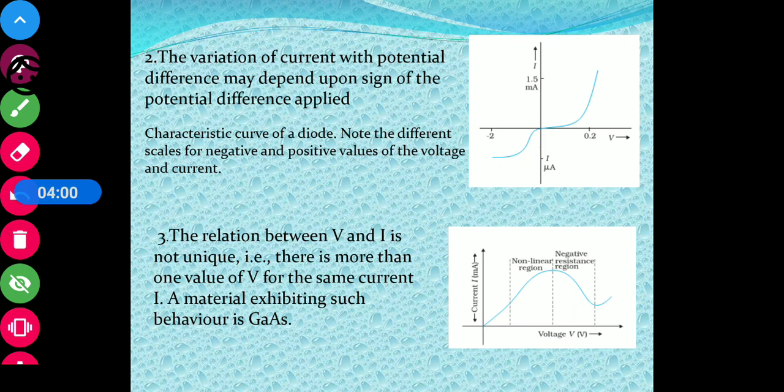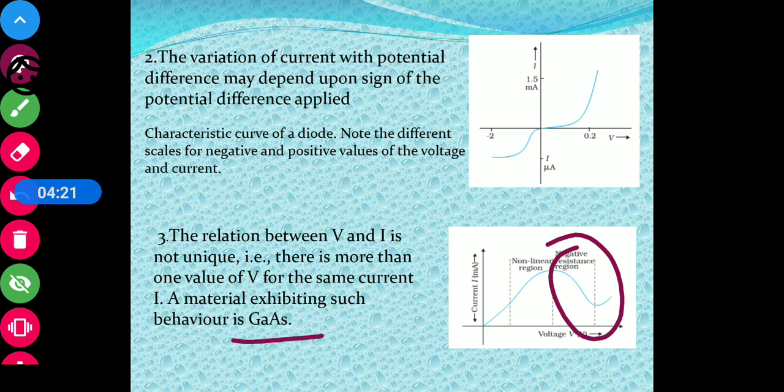At this position the slope is positive, while at this position the slope is negative. Such behavior is shown by a material known as gallium arsenide. So in all these three conditions, Ohm's law is not followed.